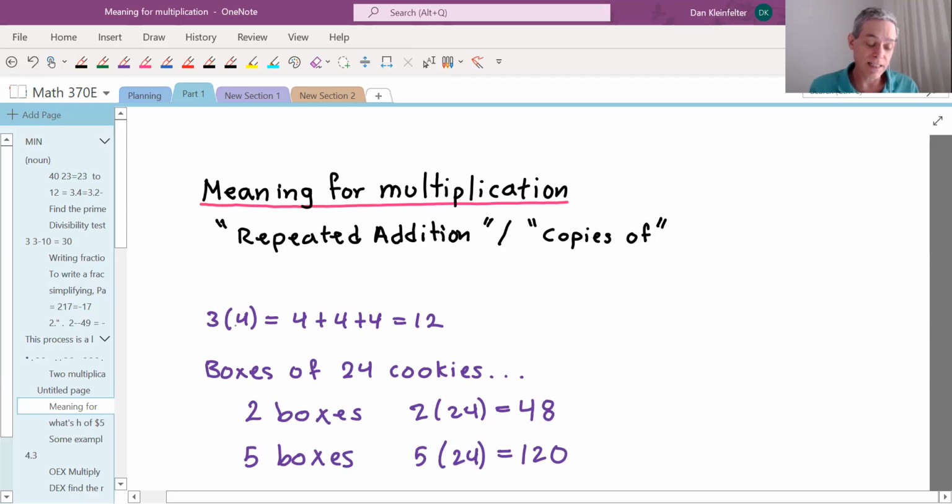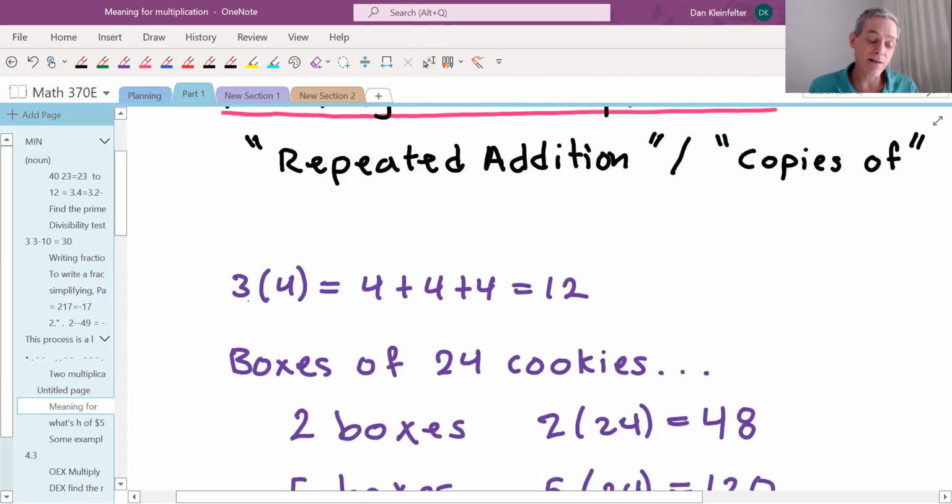The 4 indicates what's being added together, and the 3 tells you how many times it's being added. Of course, you could look at this as adding together 3s 4 times, and that, of course, is going to equal 12 also.